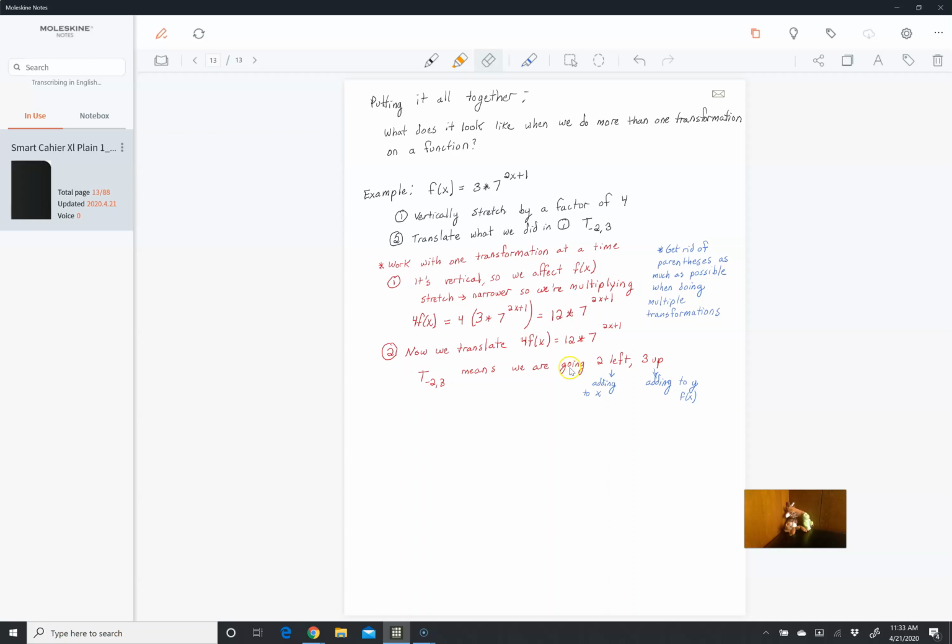This is saying replace x with x plus 2. And this is saying add 3 to the end of the function.